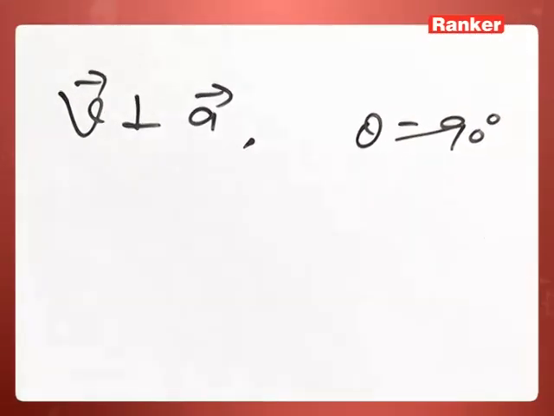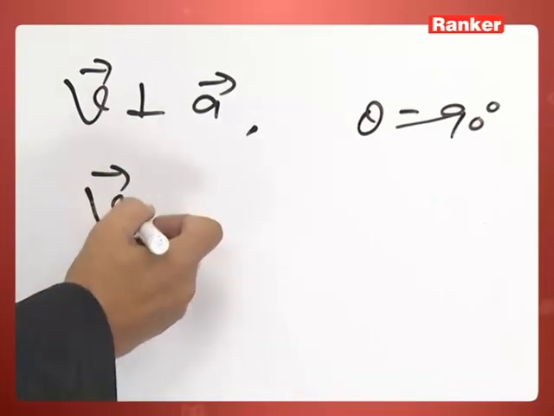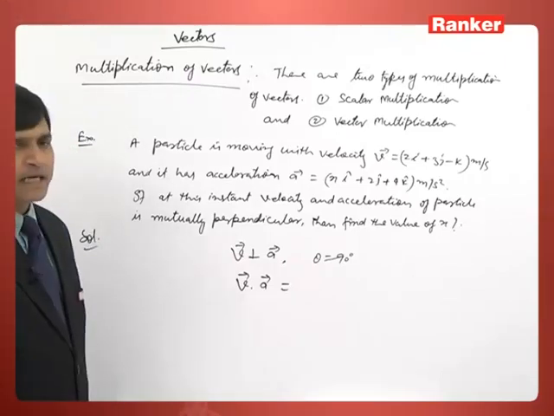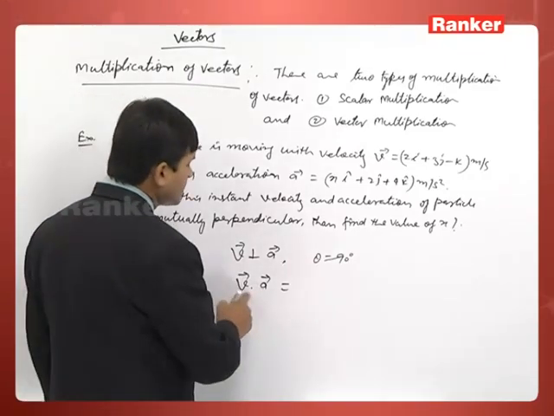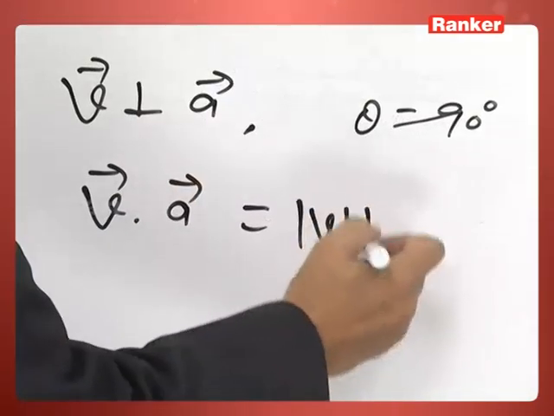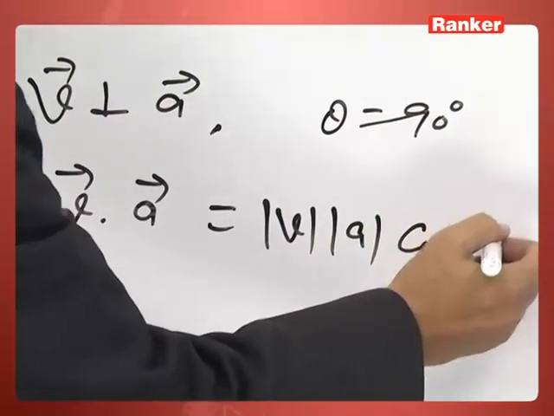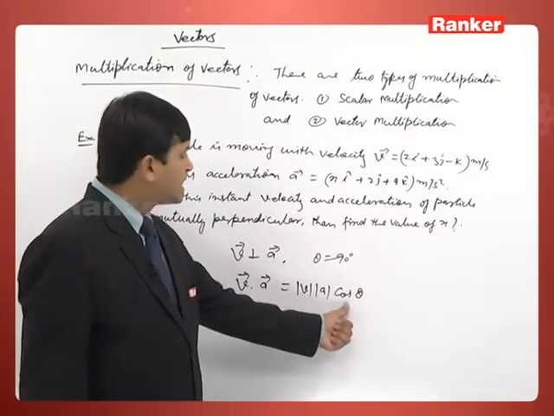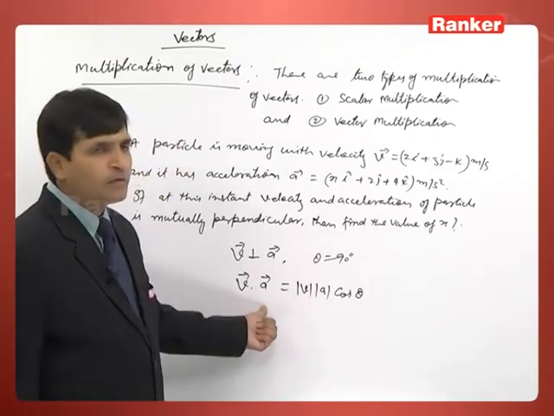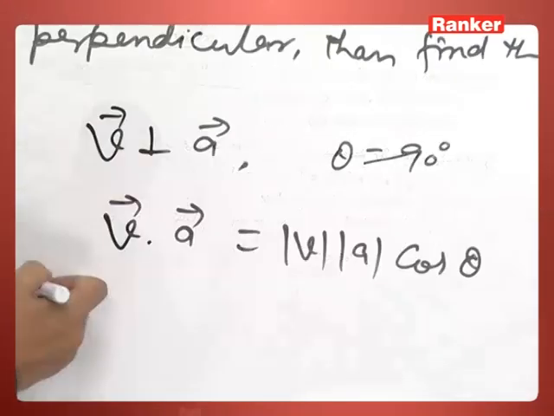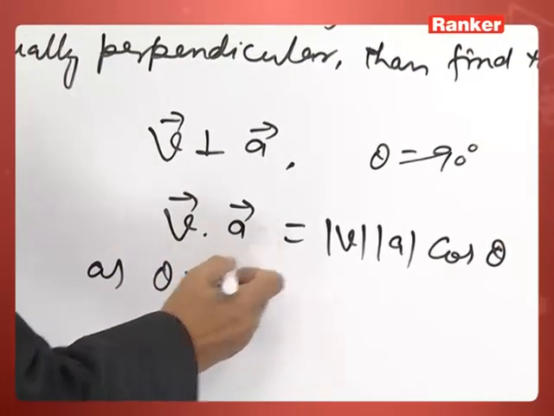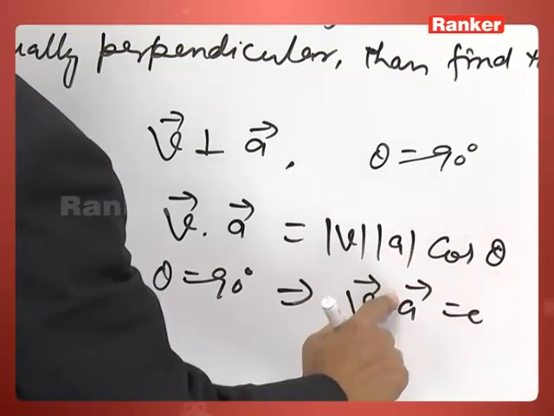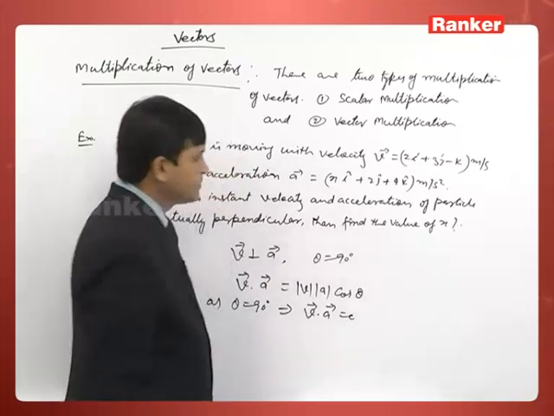As per the dot product, whenever two vectors are making an angle of 90 degree, if we are doing V dot A, we will get mod V mod A cos theta. Now, if theta is 90 degree, their dot product will always be 0. So, V dot A is equal to 0.